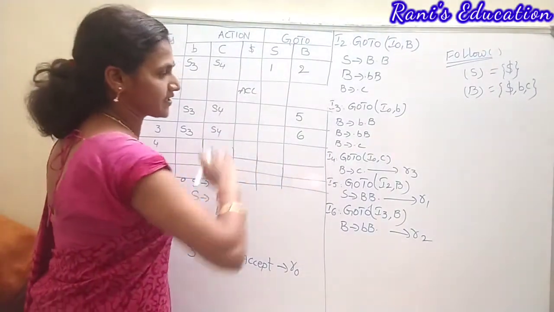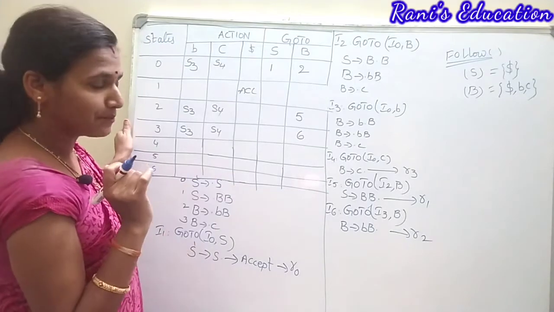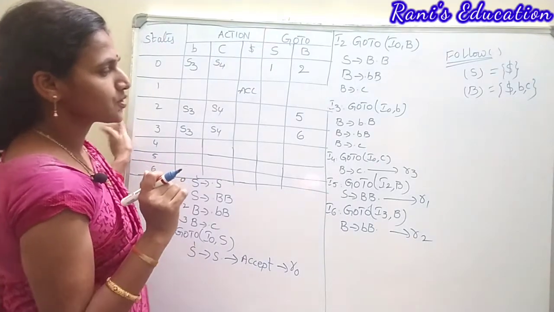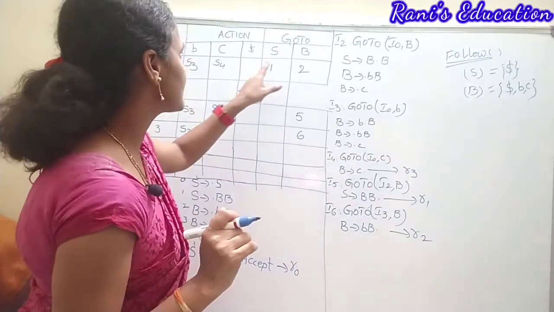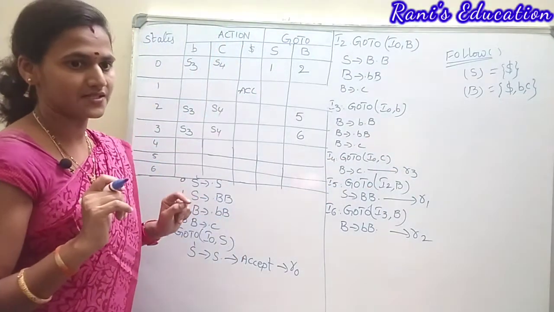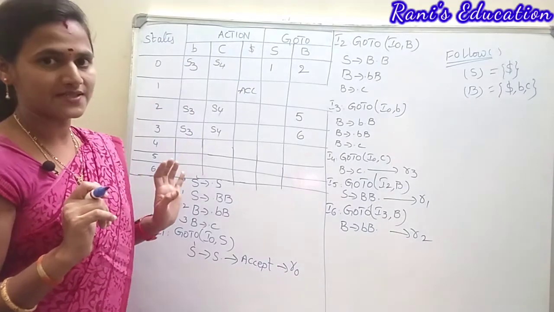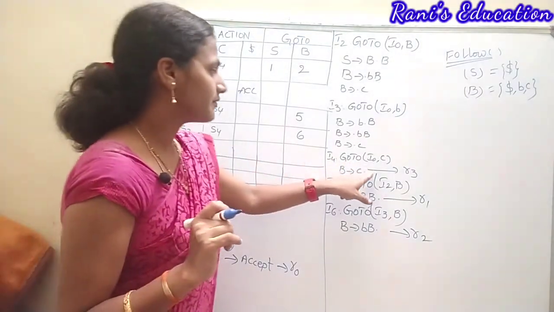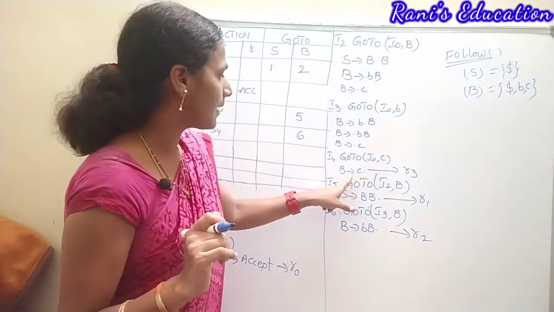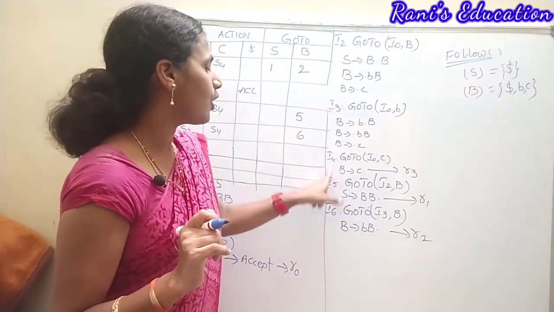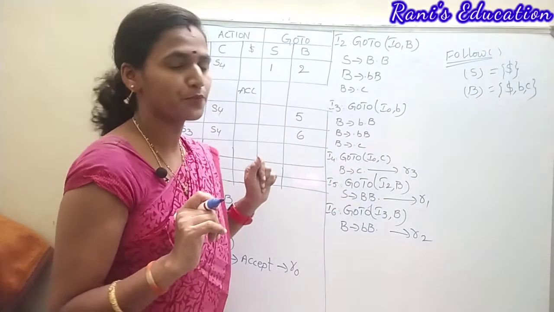Now move on to the fourth item. So here the fourth item is a completed one, right? So what is the reduction number here? R3. While we are constructing the SLR1 parsing table, if we find a reduction, we need to compute the follow of the LHS of the reduced production.